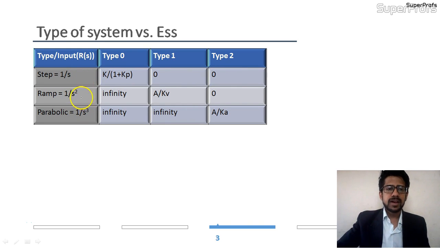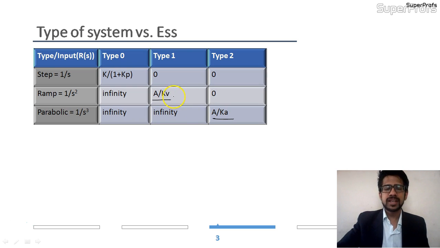Also, ramp input generates infinite steady state error for a type 0 system, but at the same time ramp input gives us a finite steady state error for a type 1 system. Parabolic input gives us a finite steady state error value for a type 2 system.